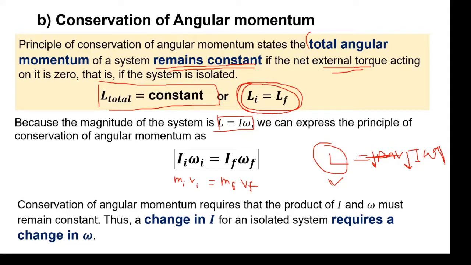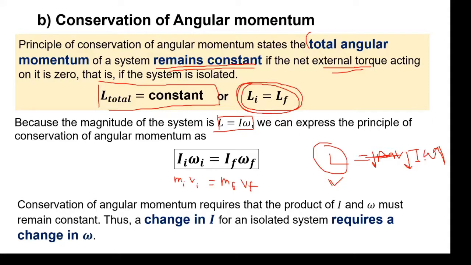It cannot be that both I and omega decrease, or both increase. When one of the symbols decreases, the other must increase, because we want L to remain constant in our isolated system.